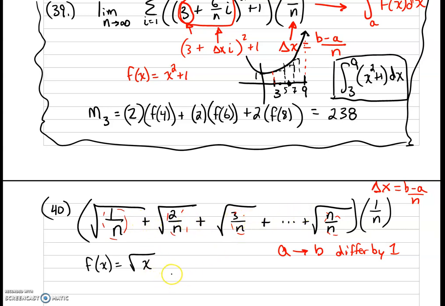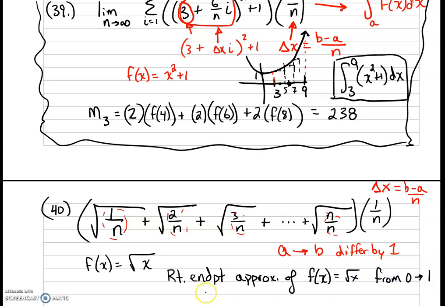In this case, what we're actually doing is a right Riemann sum. This is the right endpoint approximation of f of x equals the square root of x from 0 to 1 using n rectangles.